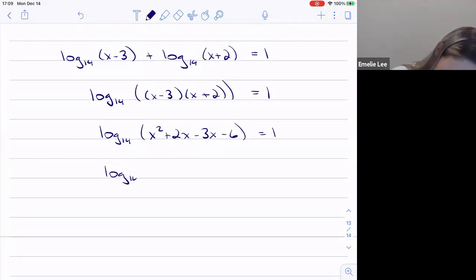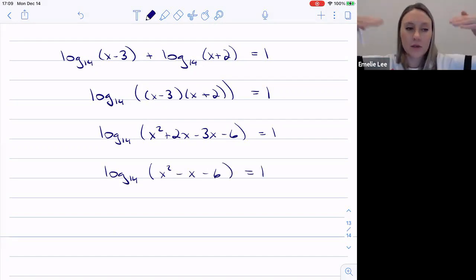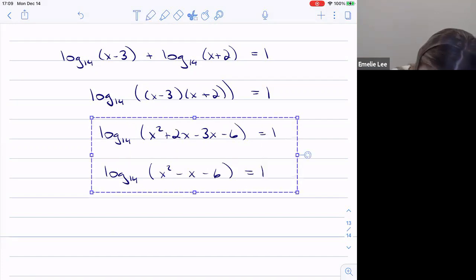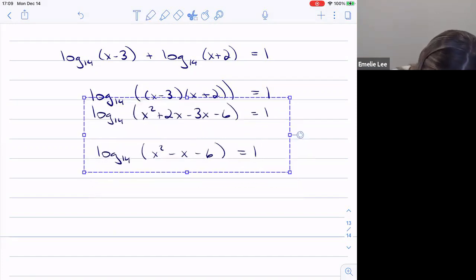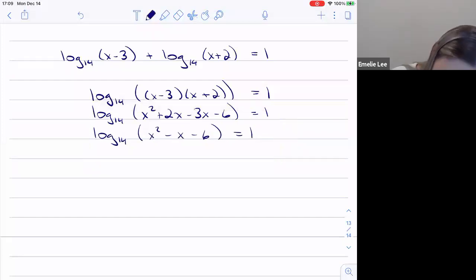So I have the log base 14 of x squared minus x minus 6 is 1. Raising both sides up to 14, I never know how to say it properly. And to keep it all on one page, I'm going to smush it a bit here. 14 to the log 14.